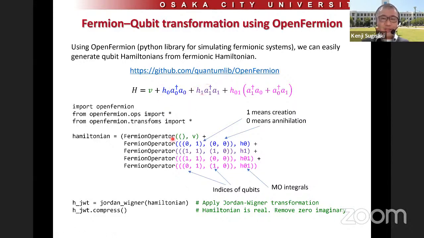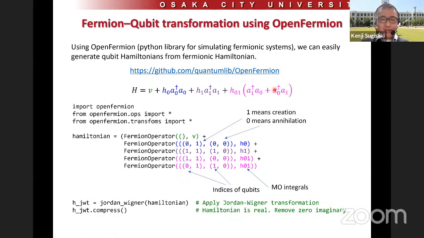Again, this term can be defined as shown here, applying the creation operator to qubit 1 and the annihilation operator to qubit 1, with coefficient h1.